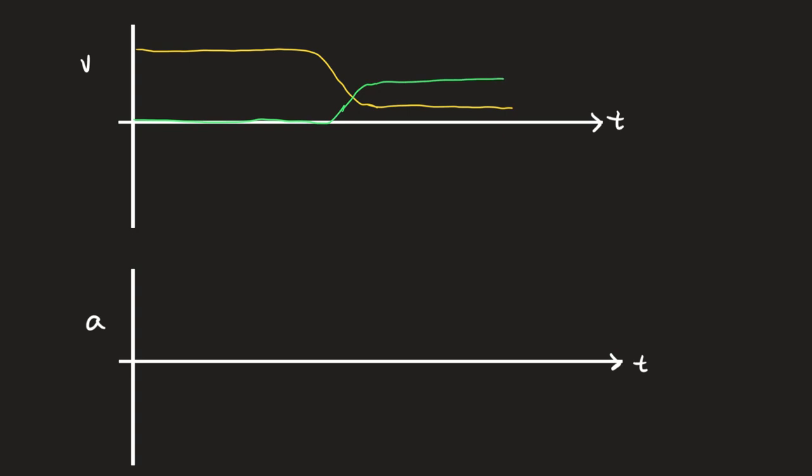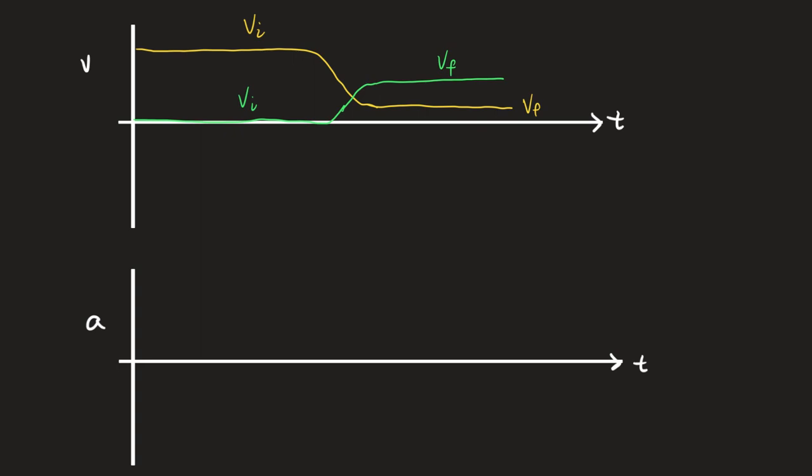What these velocities are will depend, of course, on how much mass the cars have. But what you really have here is the initial velocity of the yellow car and the final velocity of the yellow car, and the initial velocity of the green car and the final velocity of the green car.